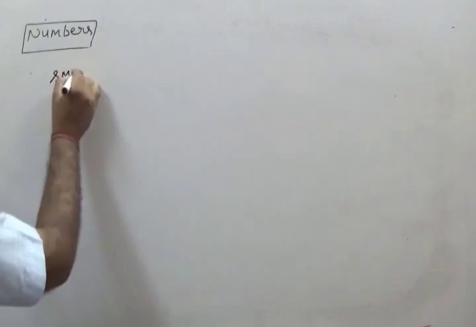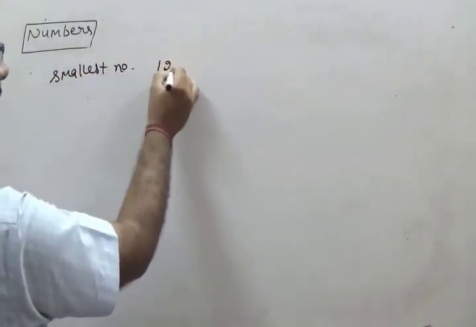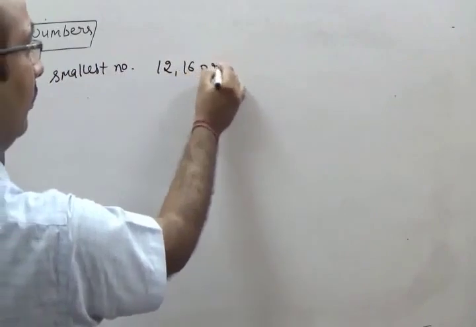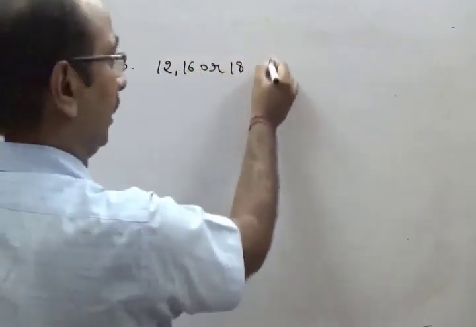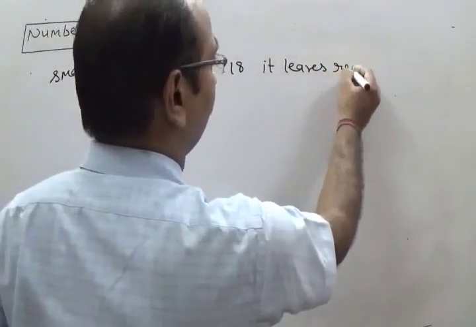Now after this, we have one more question in order to understand the concept. What does this question talk about? We have to find the smallest number which, when divided by 12, 16 or 18, every time leaves remainder 1.